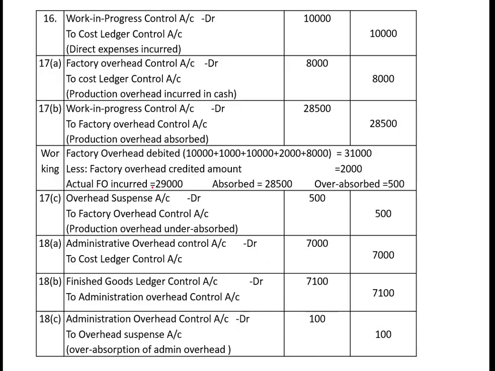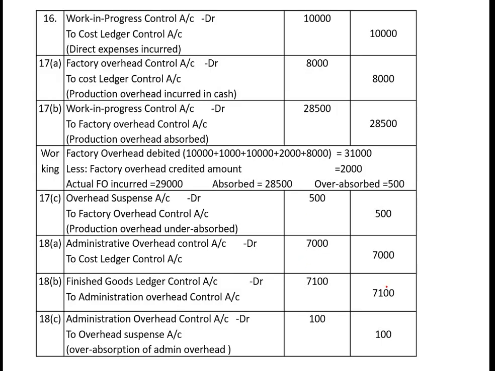But however, when we were discussing entry number 17 for factory overhead control account, we have seen there were some entries previous to entry number 17 on factory overhead. And that's why we have made this adjustment as a working note here. But there is no entry on administrative overhead.